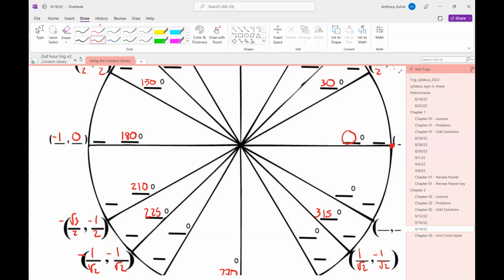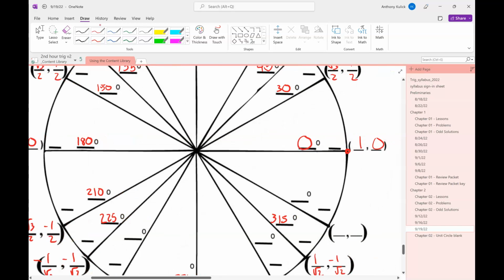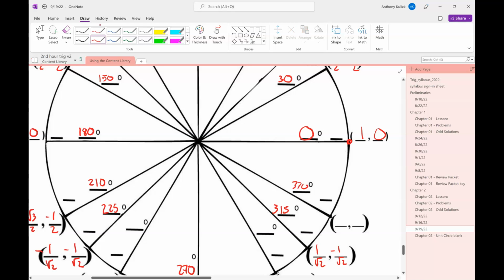In the third quadrant, everything is negative. And then over here in quadrant 4, the x is positive, but the y is negative. Is that okay with everybody? Notice that the coordinates, when we form the same kind of reference triangle, always are the same, right? Or I should say the reference angle is always the same.